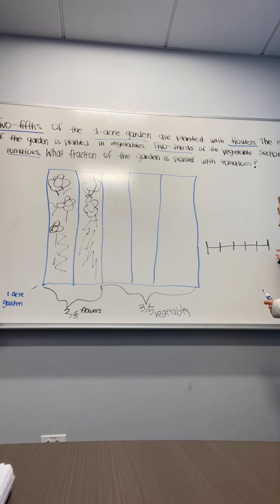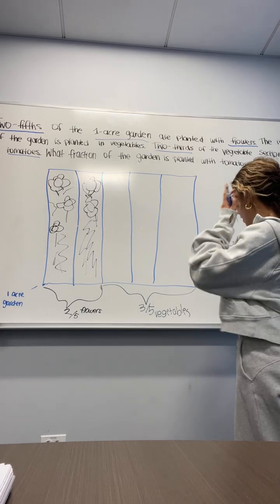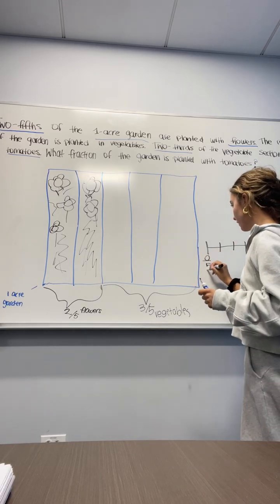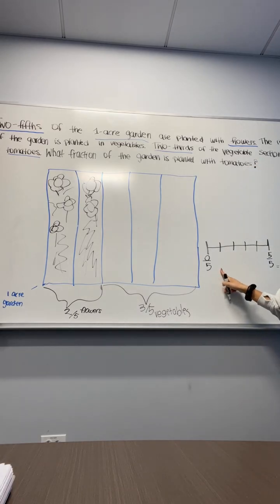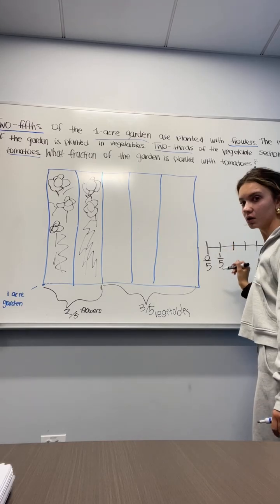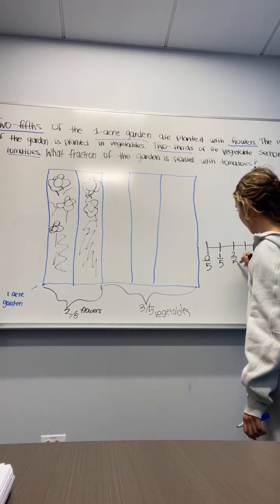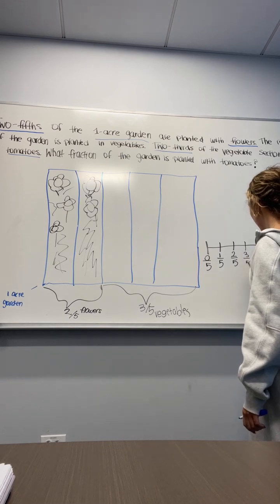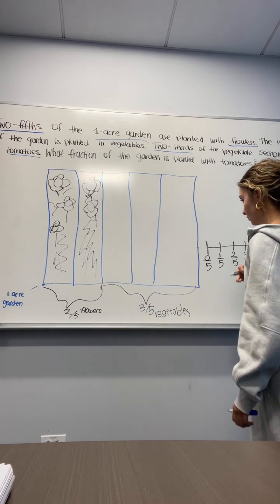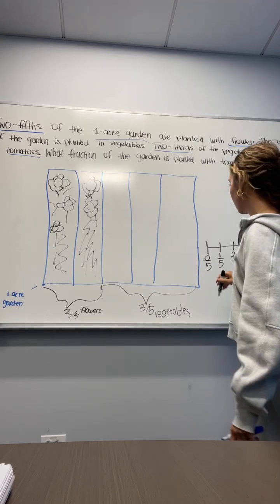So if our number line goes up to fifths, then the last line would be 5/5, which is also the same thing as saying 1. And we're starting at 0, so that would be 0/5. Then we can label the rest of our number line: 1/5, 2/5, 3/5, and 4/5.